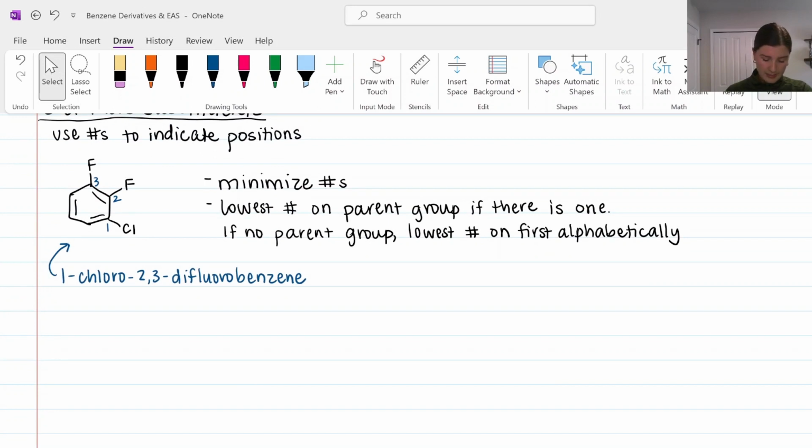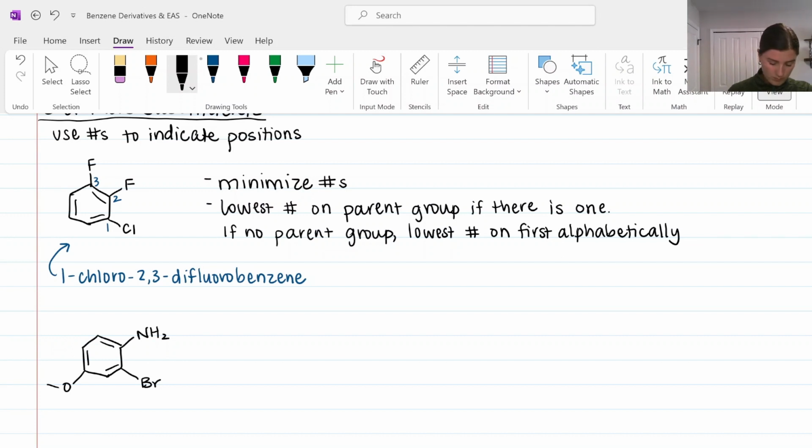Let's do another example with 3 substituents. All right, on this molecule, we have an NH2 group.